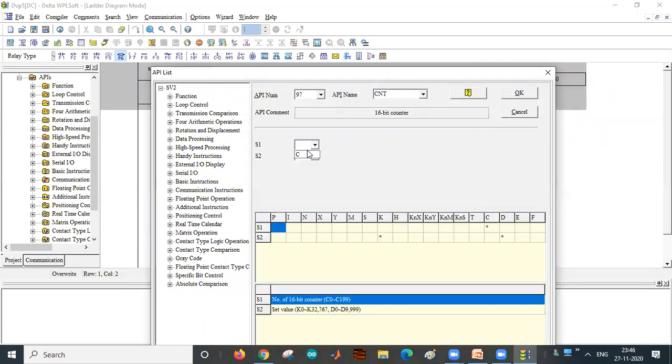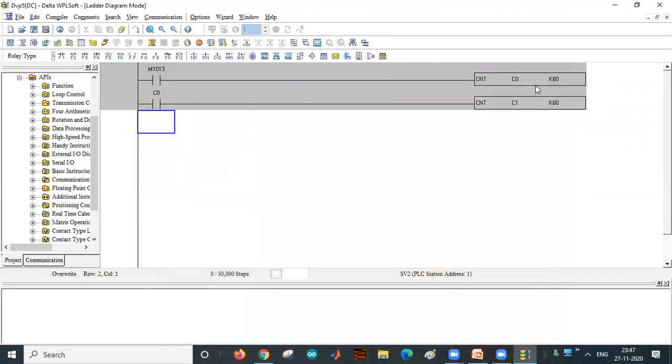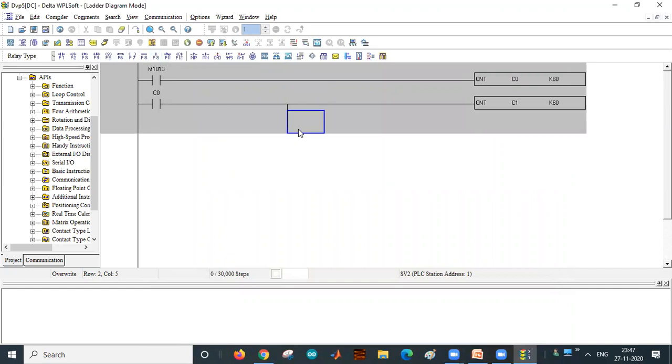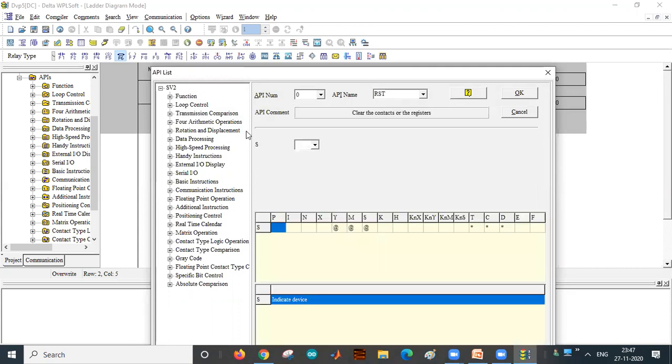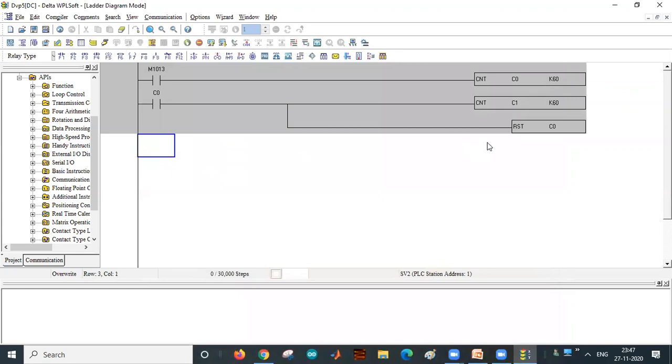The minutes counter is C1, and the total is 60 minutes. Along with that, it also has to reset C0. Reset the C0. Okay.